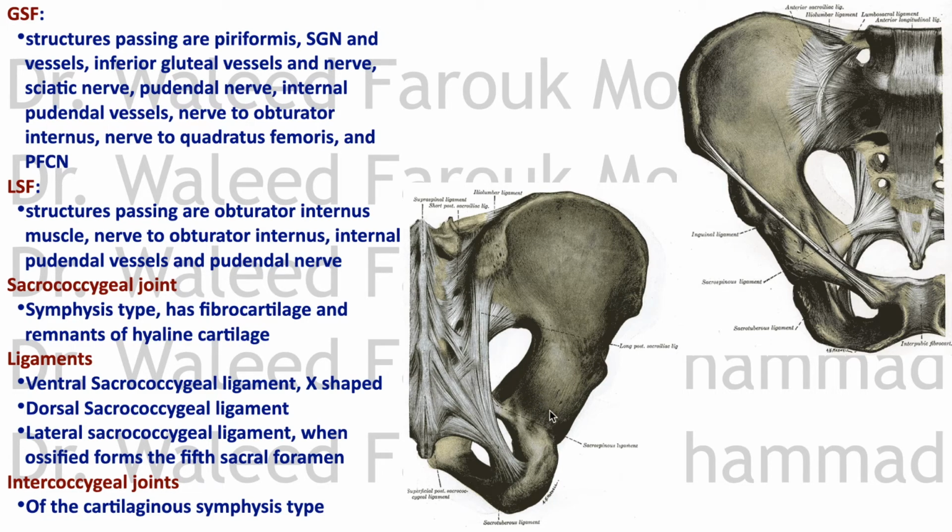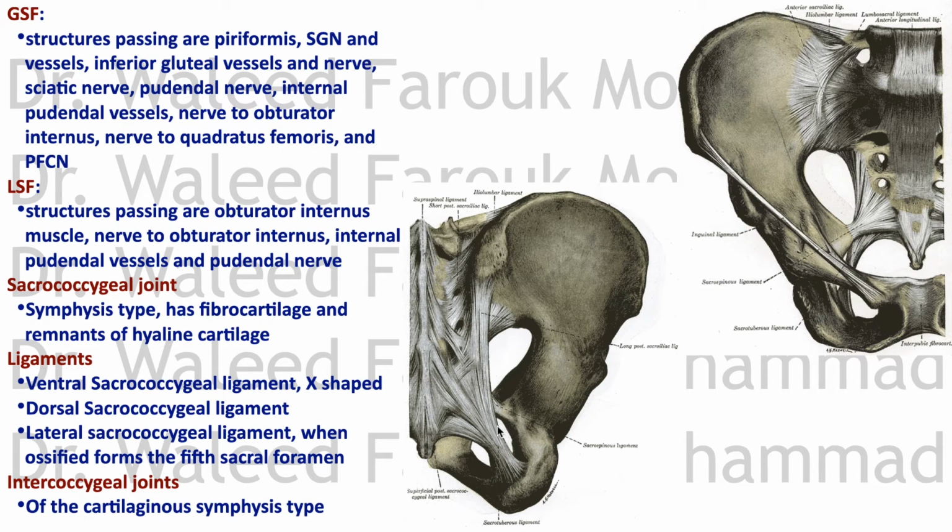And in cases where it comes out separately, the common peroneal nerve usually, I say usually, pierces the piriformis. So if you saw a specimen with the piriformis pierced by a nerve, that's the common peroneal component of the sciatic nerve, and you'll find the tibial nerve coming out below the piriformis and then joining the common peroneal nerve lower down to form the sciatic nerve. These are the structures passing through the greater sciatic foramen.